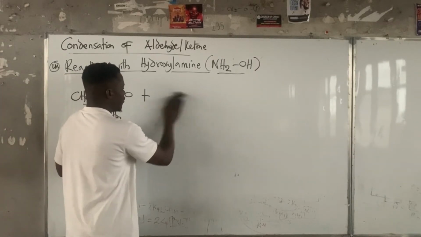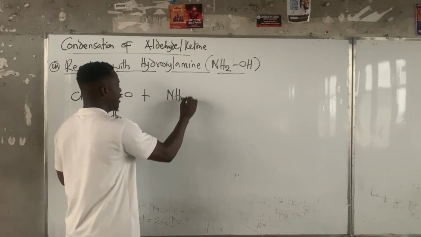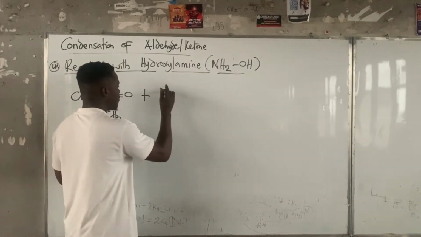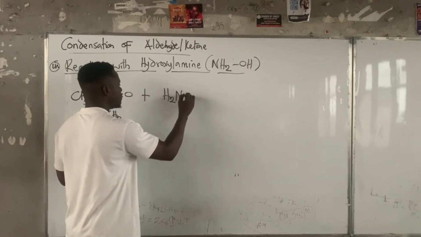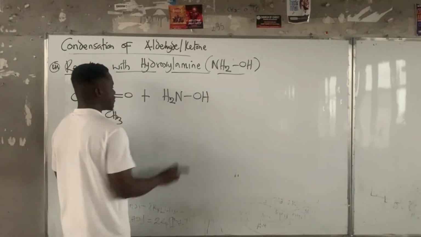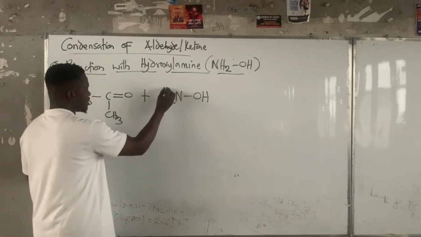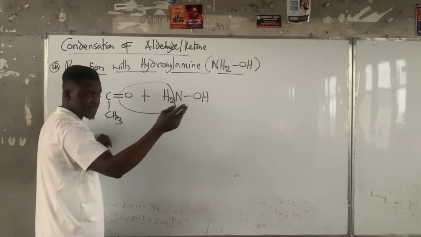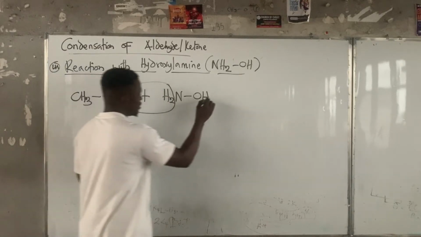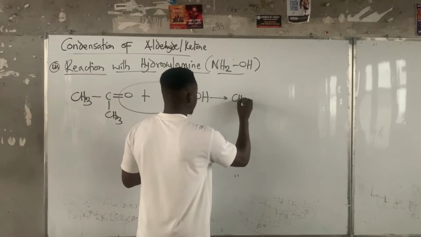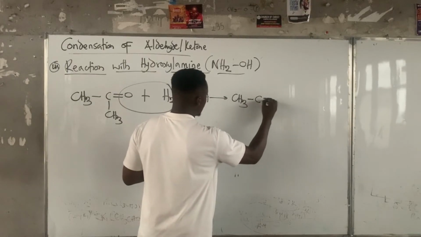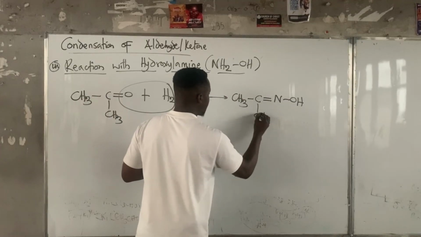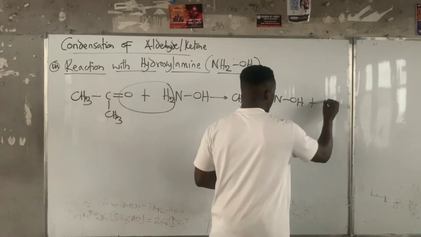But just to show how the reaction takes place, instead of NH2OH, I can bring this 2H to this N so that I will have H2NOH, so that this takes this O and forms water. This N joins up, it becomes CH3, C double bond N, OH, CH3 plus water.